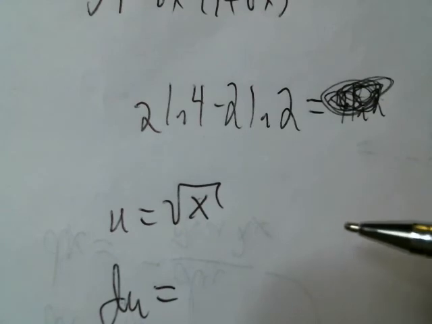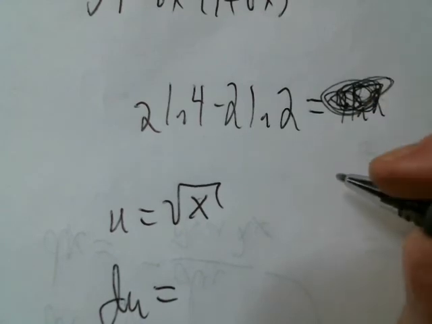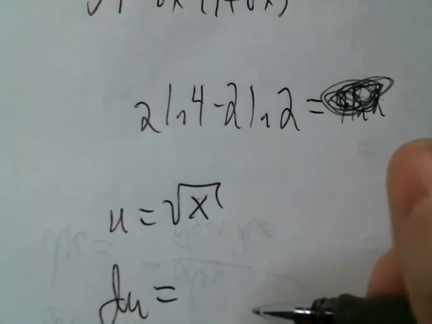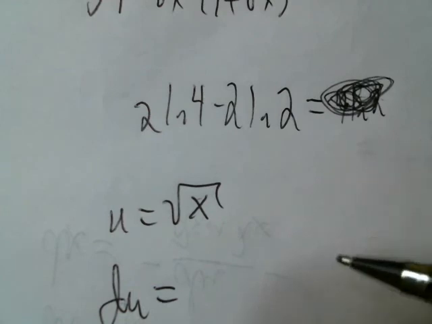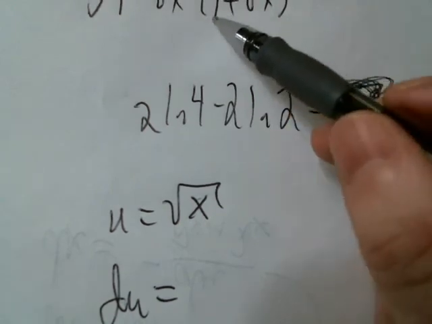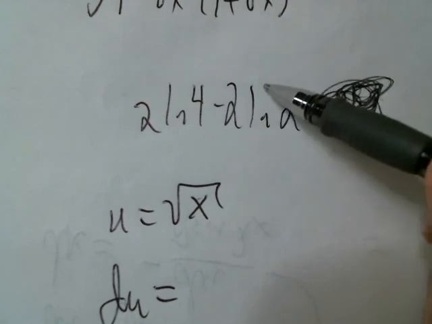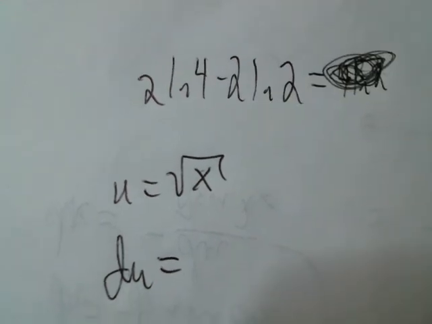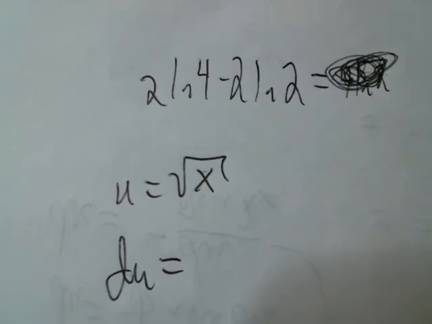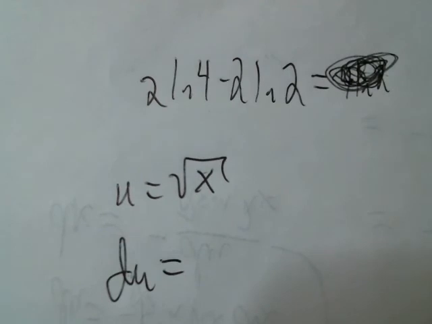I didn't get the attachments in the thing you sent there, Ben, so I don't know what you're talking about, but I could go through the problem, and I know I'm going to get what they got. I'm going to get 1/2 as well in the way I do it. Okay, so you've got to be careful going to different sites. The algorithms that are embedded in those sites are sometimes coded in a way that a computer can do it, but it would take a long time for a human to do it.